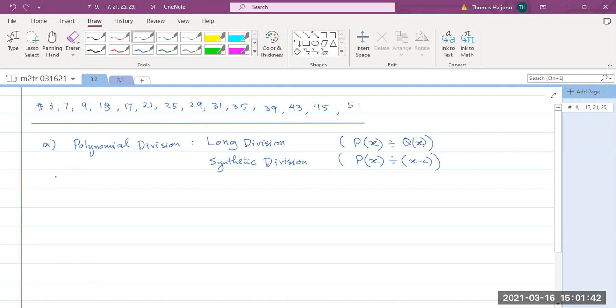Then another related part is the remainder theorem.